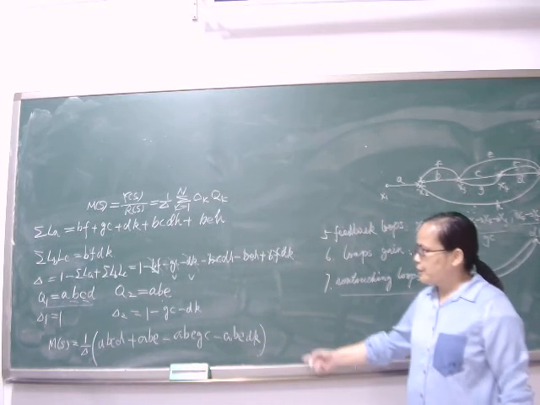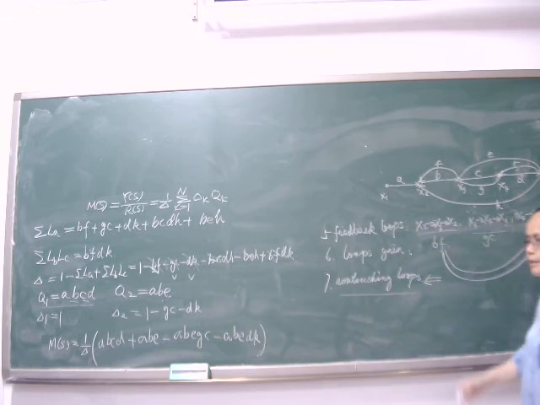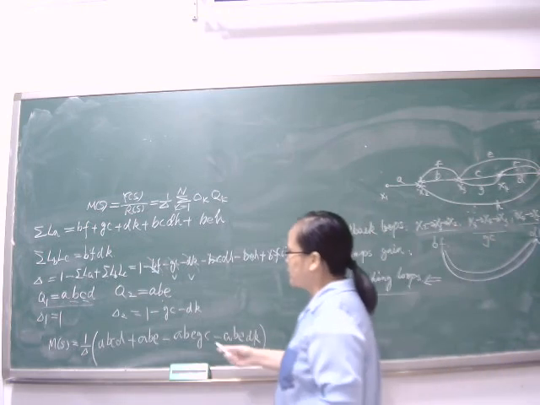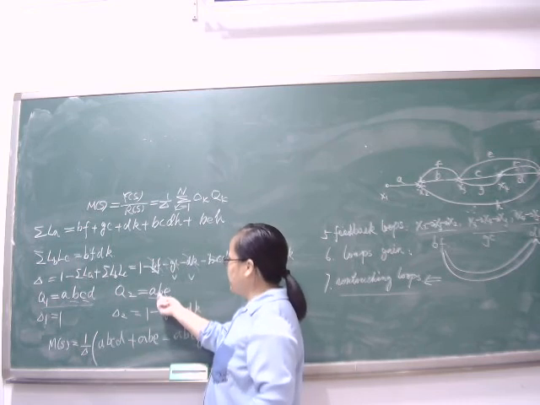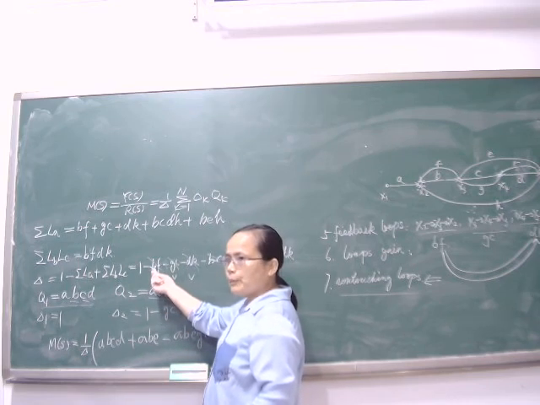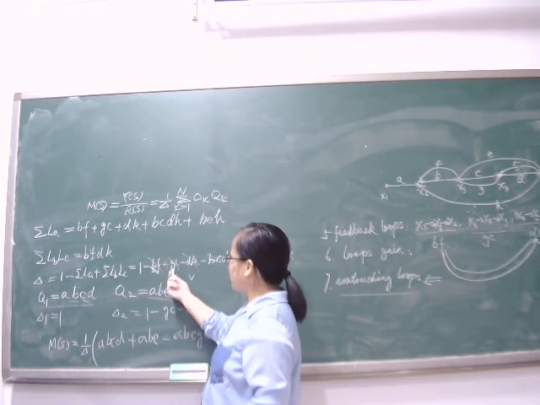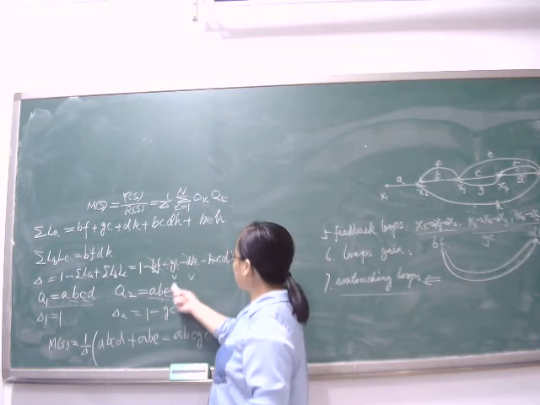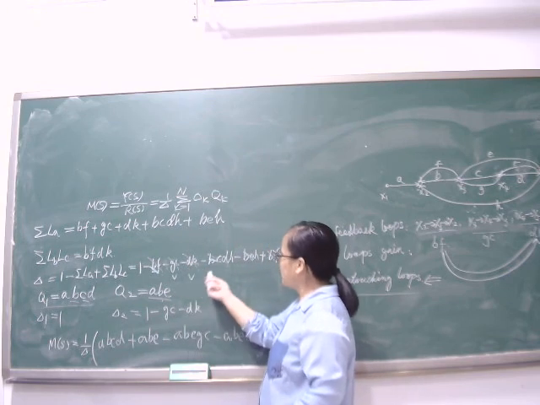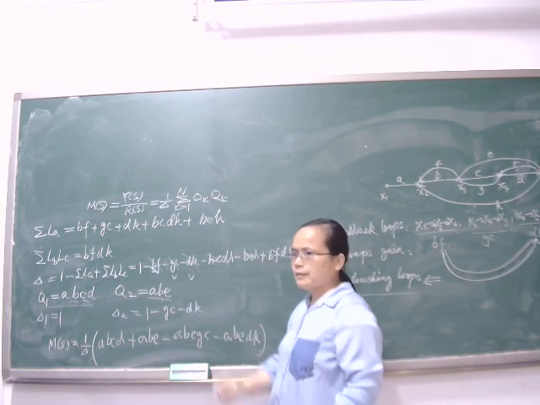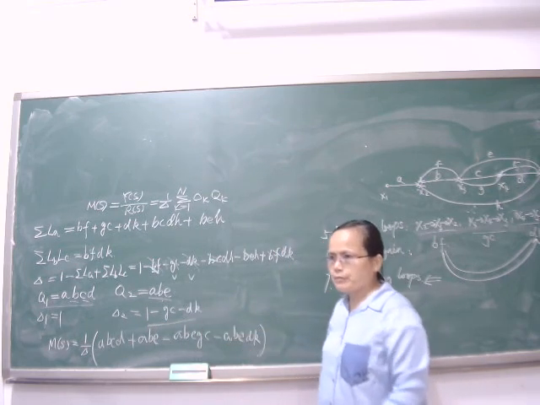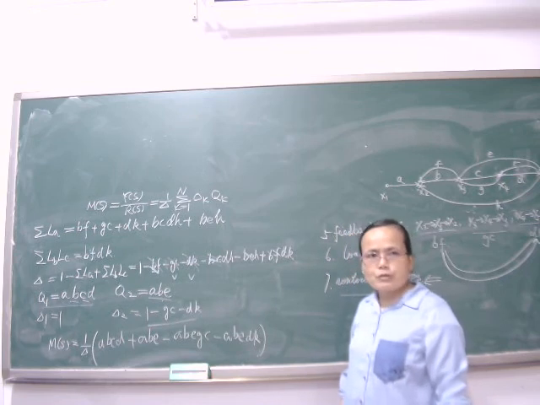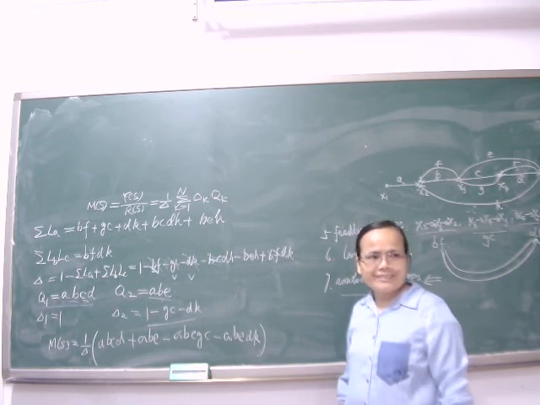Delta 2, we can see here A, B, E, and this B is a common branch. But this GC has none, and this DK has no common branches. So it is 1 minus GC minus DK that remains. This is how to simplify this block diagram.